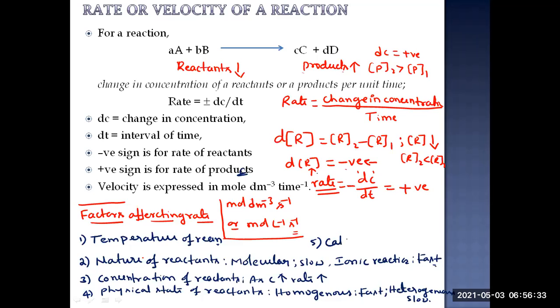Catalyst. Generally, a catalyst is a substance which alters the rate of a reaction. A positive catalyst increases the rate, while a negative catalyst, or it is also called inhibitor, decreases the rate. So this is also one of the general points. So this much, they are the factors affecting the rate of a chemical reaction.